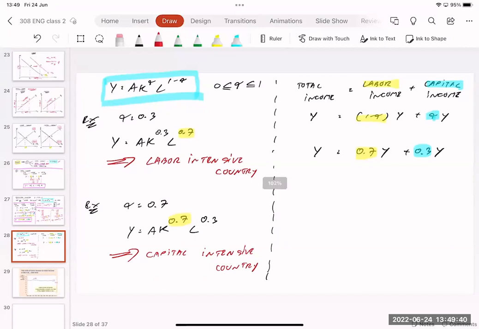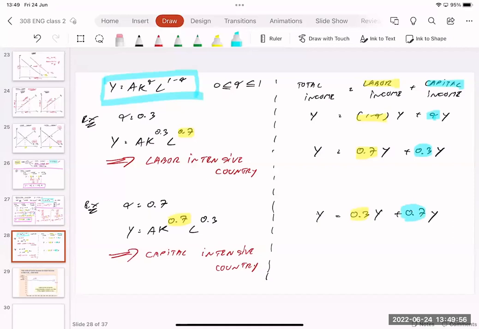When alpha equals 0.7, the equation of the total income is Y equals 0.3Y plus 0.7Y. Labor income becomes small, capital income becomes higher. You see that? So the income of the country going to labor or capital depends on how much of each factor of production your country uses.